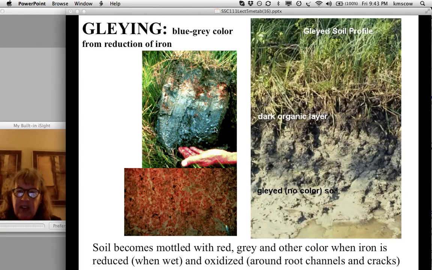And the other interesting thing about those products is reduced iron and iron sulfide compounds have colors, and this peculiar color of reduced iron, this kind of blue-gray color, is called gleying. Gleying, that's what this is called.